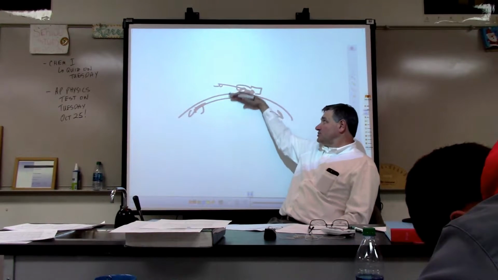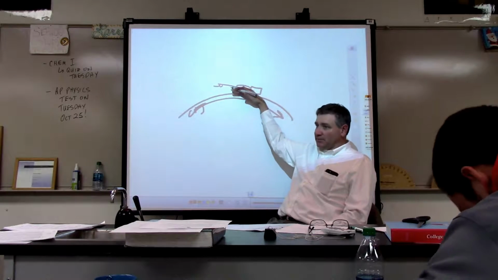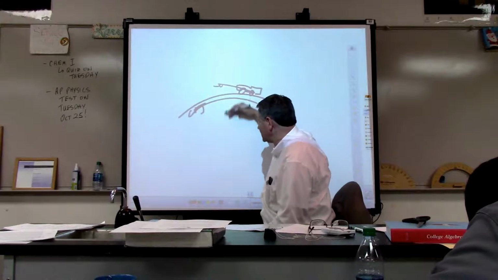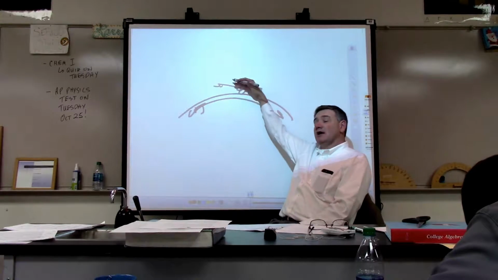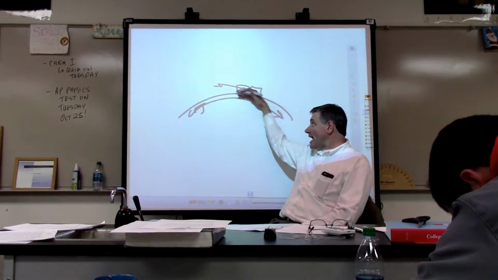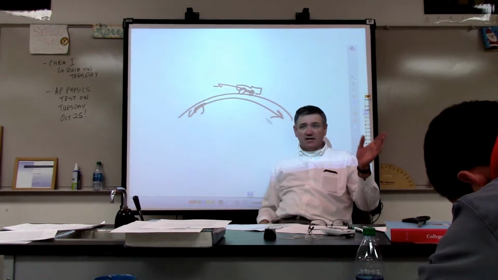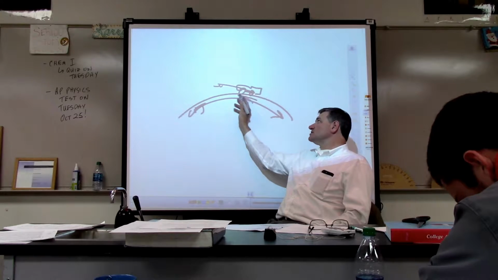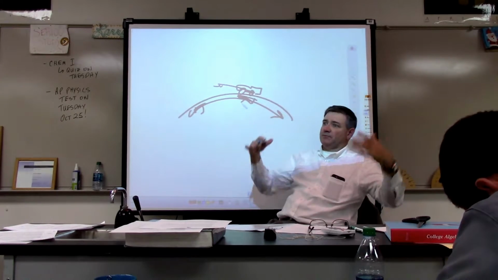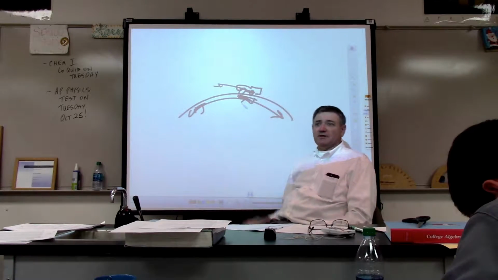The track is making up the difference between the centripetal force needed to keep it moving in a circle and the gravitational pull. It's a negative number. All that tells you is that that would be the reading on the scale if you could put scales underneath the car at that point. So that's all that means.